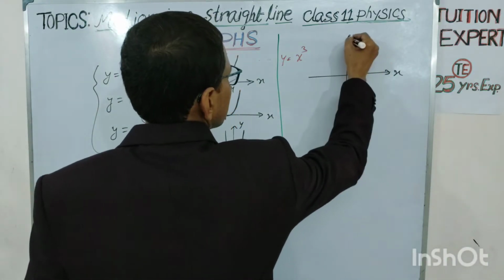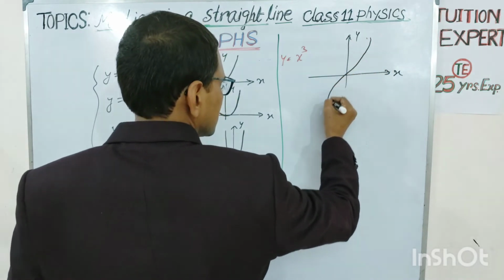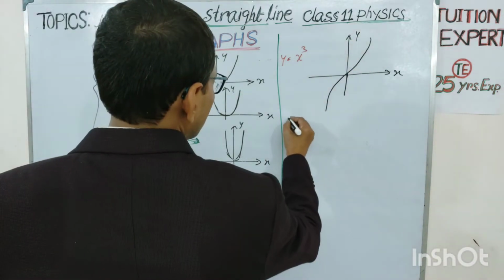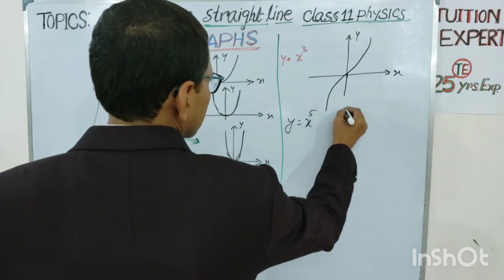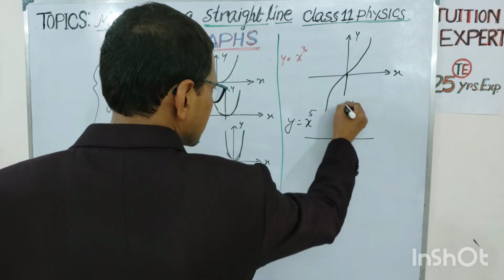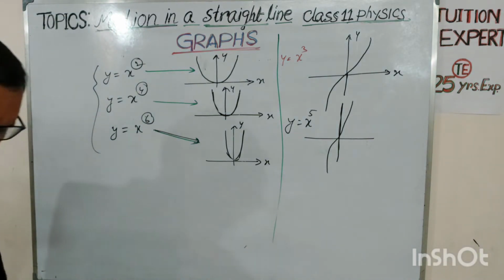This is x, y. The graph will be this way. y equal to x cube, the graph will be this way. Now y equal to x to the power 5, the graph will be more narrow, so the narrowness increases like this. Now this is the power graph.